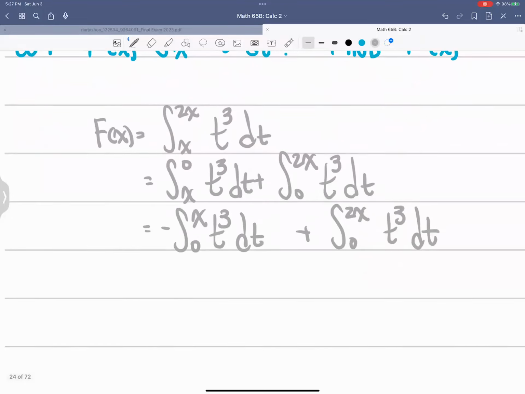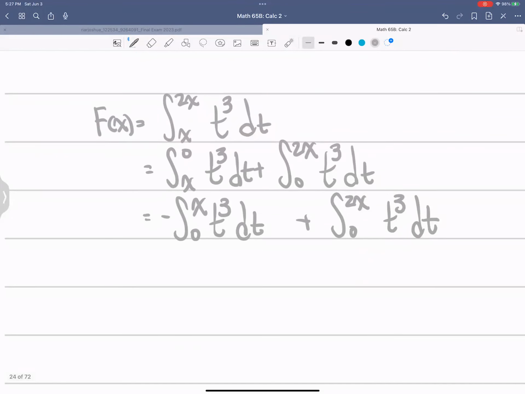All right, so now we have this new set of integrals that we could actually differentiate to see what those values are on the inside. So f of x, let's just rewrite it. And as we have been doing, we're going to take the derivative with respect to x on both sides.